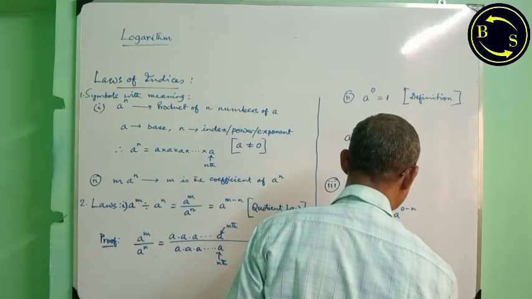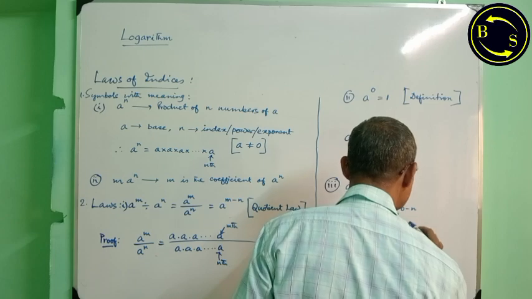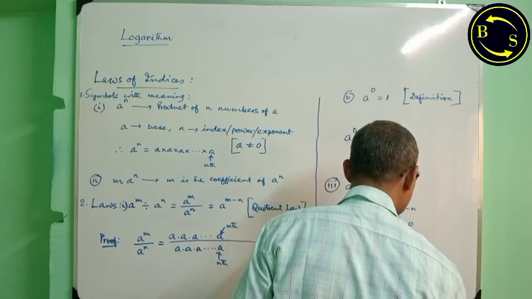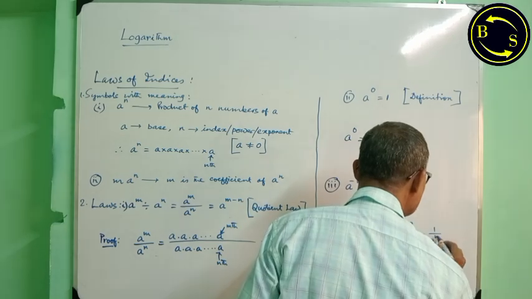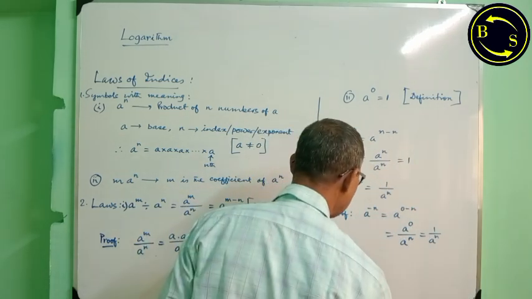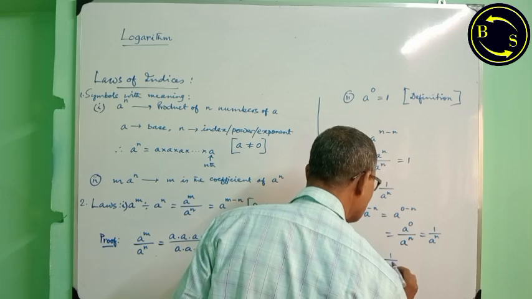Now, as per the quotient law, it is a^0 by a^n. a^0 is 1. Therefore, finally, a to the power minus n is equal to 1 by a^n.